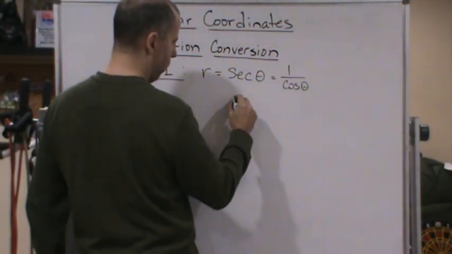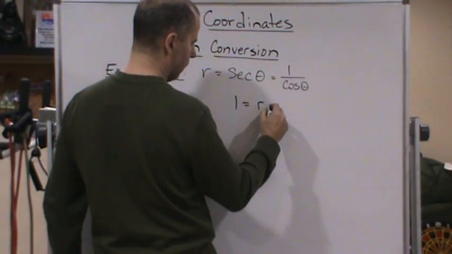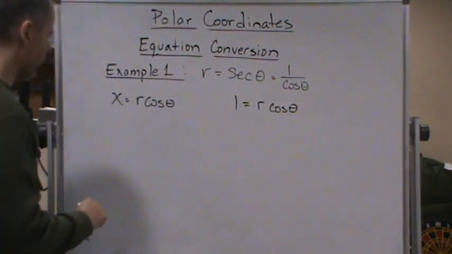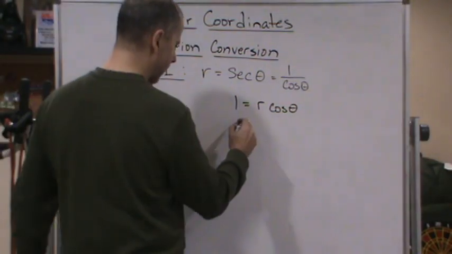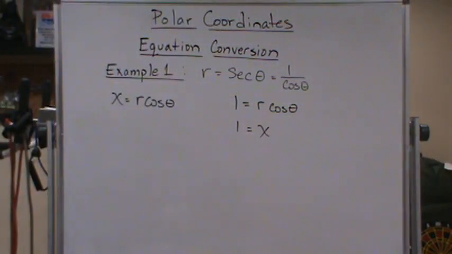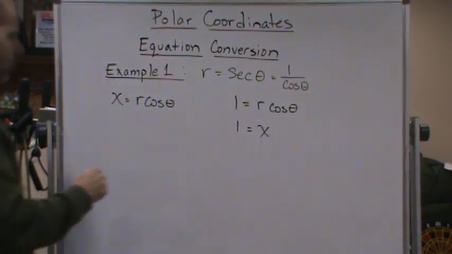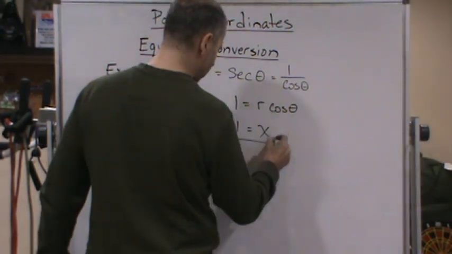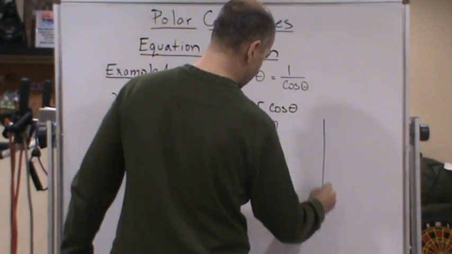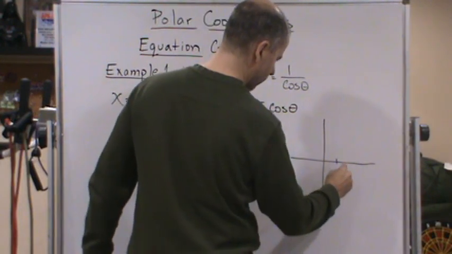I get 1 equals r cosine theta. And look at that. Now I get 1 equals x, or x equals 1. And so that is the vertical line, right? So now I have x equals 1, which is the vertical line at 1.